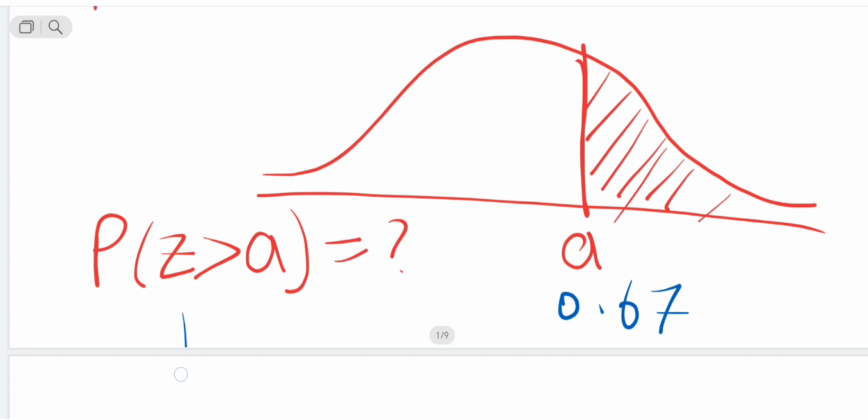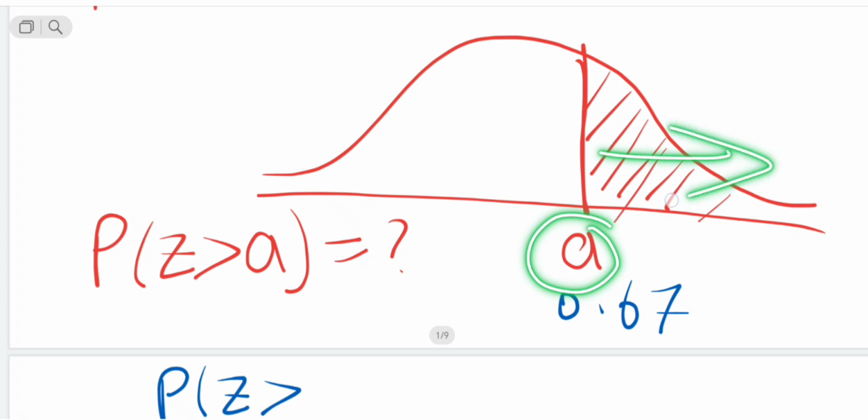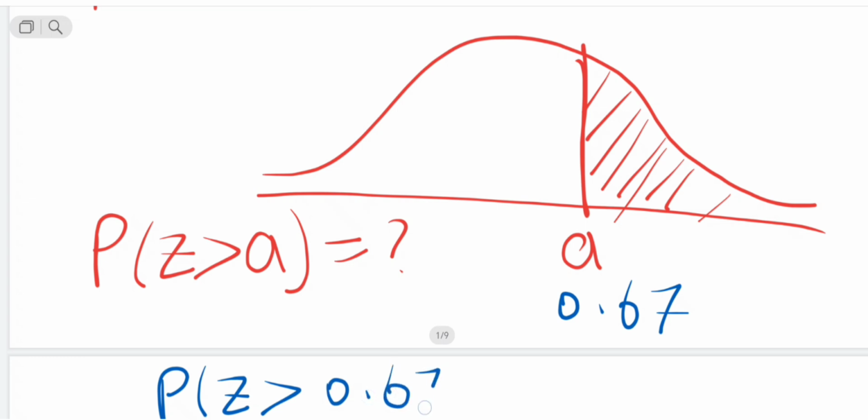You will write probability Z greater than 0.67. Why greater? Because it is the right side. From the given Z, A is a Z, so you will find the greater side. As I told you before, in the table of Z, all values are for the less side. So what will we do?